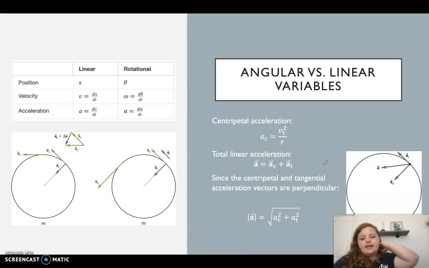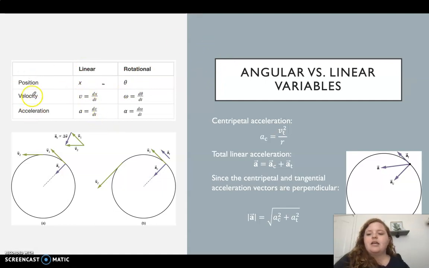So let's go ahead and now compare our angular versus linear variables. Our position variable in linear notation is x, and rotational it's theta.